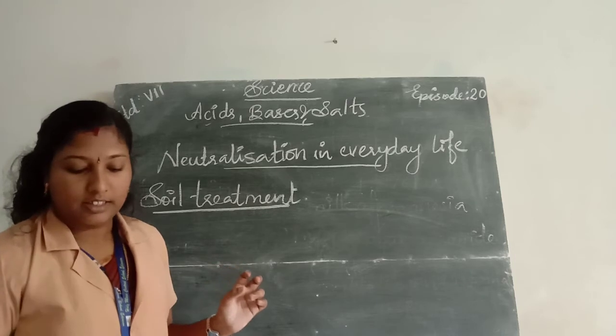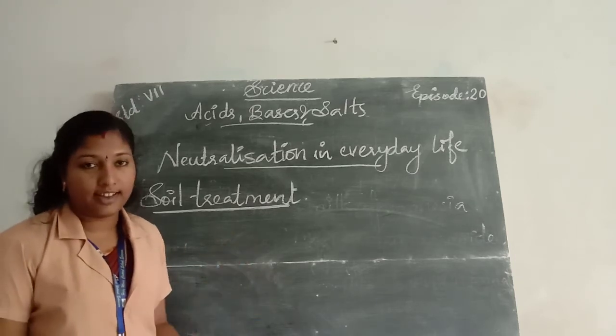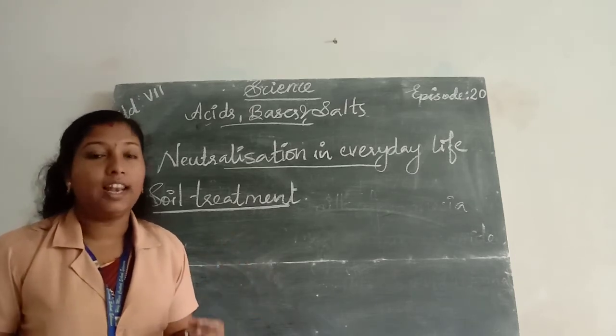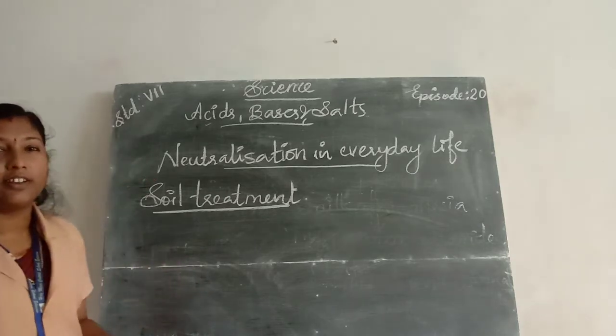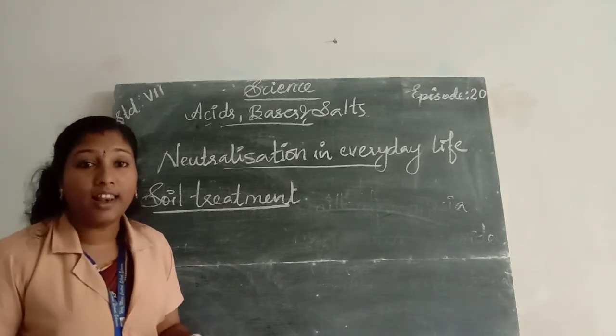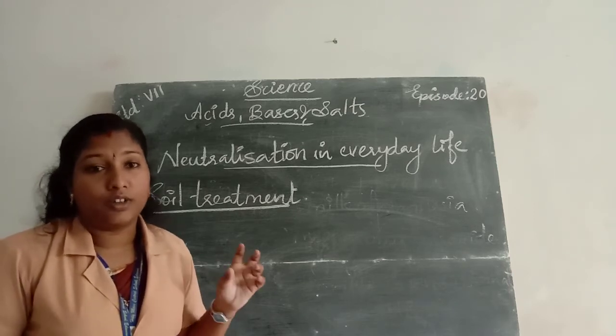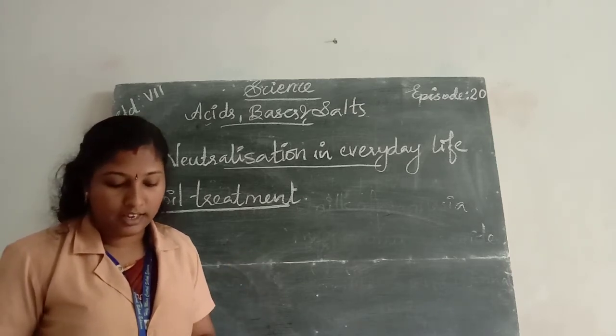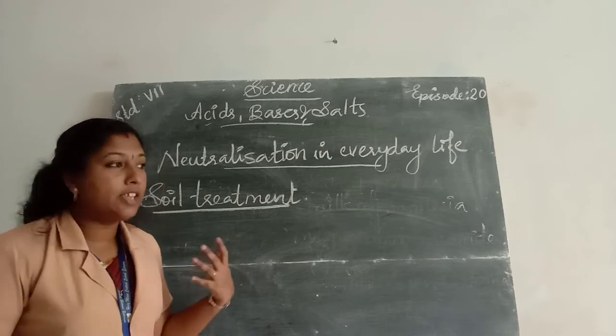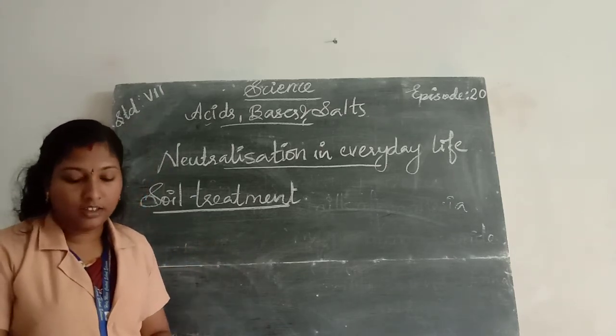Soil treatment. Excessive use of chemical fertilizers makes the soil acidic. So plants never grow in soil that is too acidic or basic.